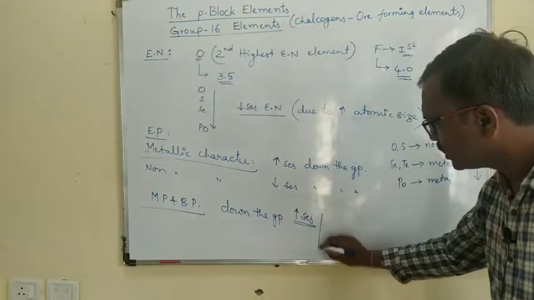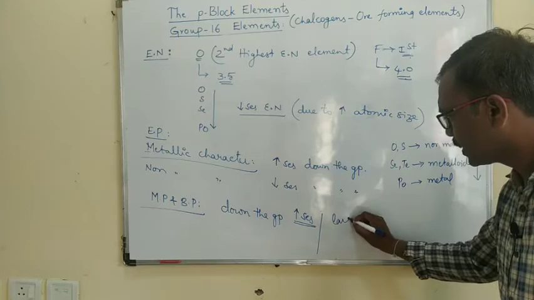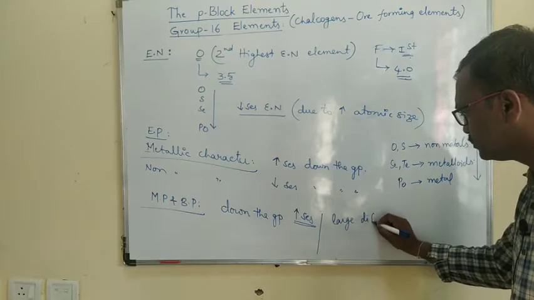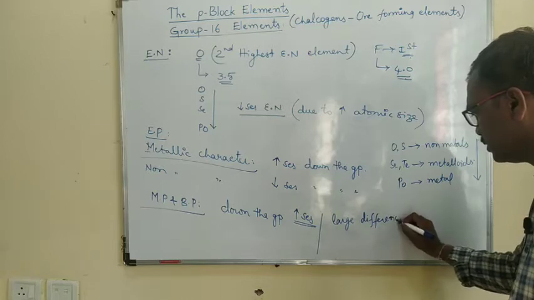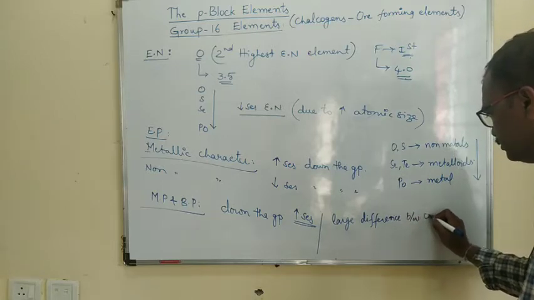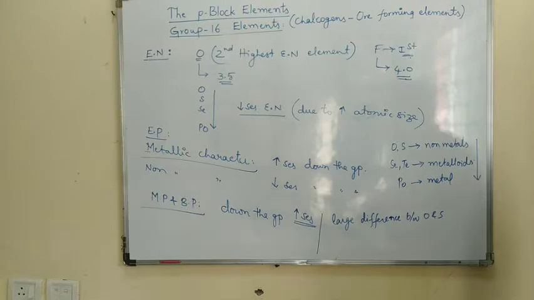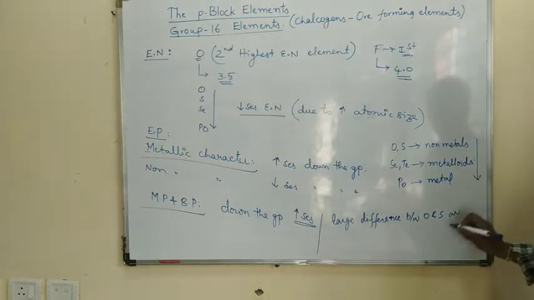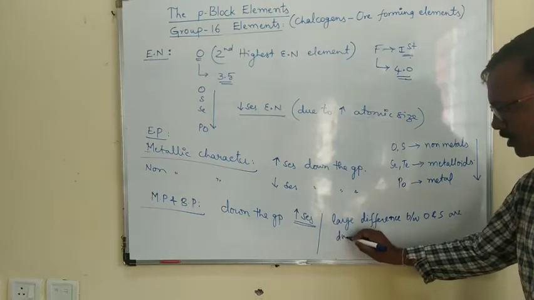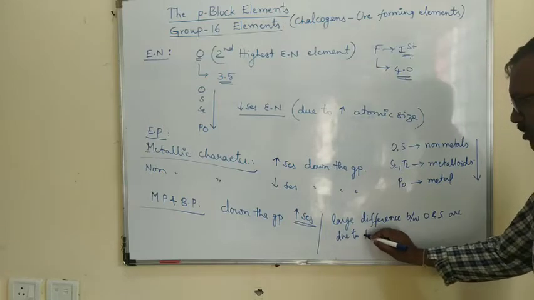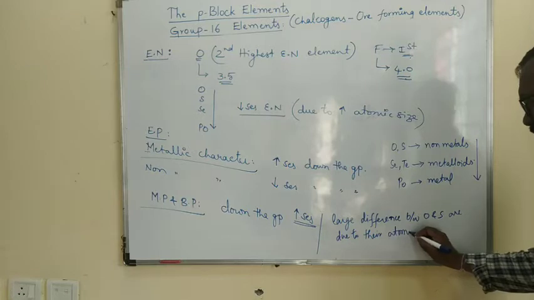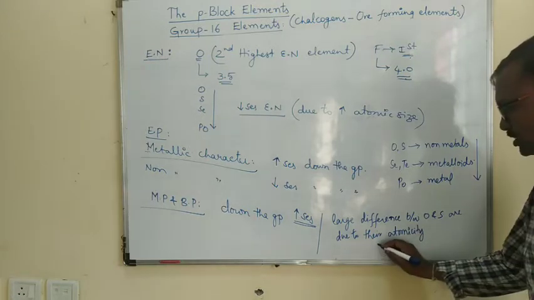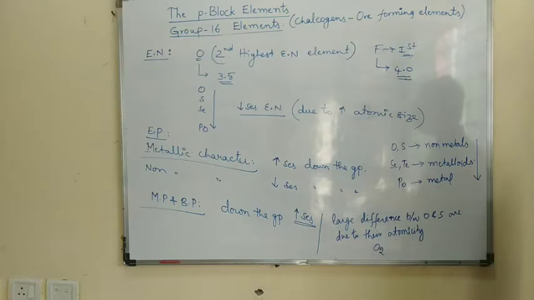Large difference in the melting point between oxygen and sulfur is due to their atomicity. Atomicity means that oxygen exists in the form of dimer O2.